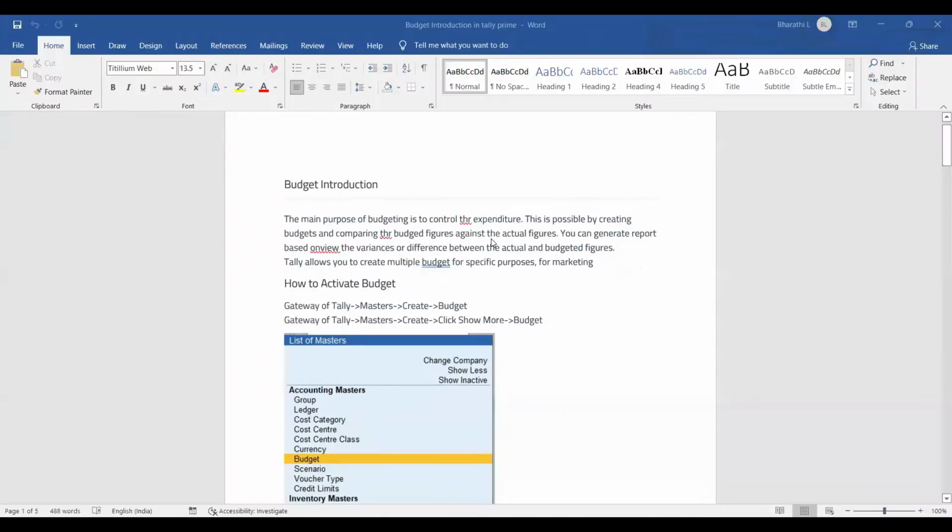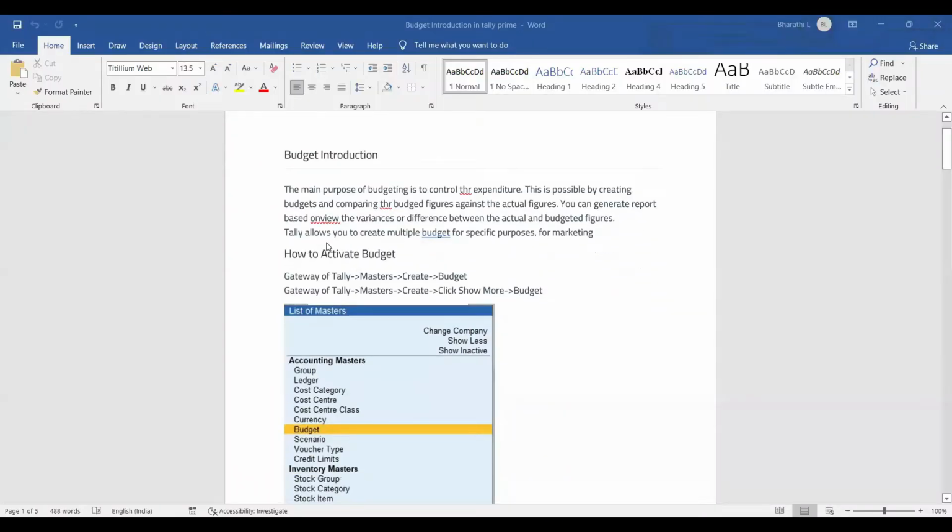Budget introduction. The main purpose of budgeting is to control expenditure. Why are we estimating our budget? Because it makes it possible to control expenses. This is possible by creating a budget and comparing the budget figures against the actual figures.